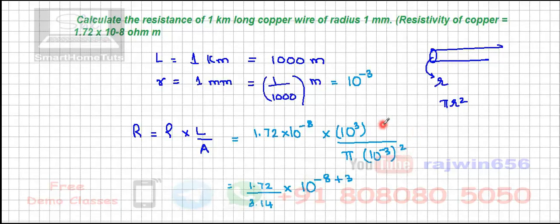If I bring it in the numerator, it is going to become 10 raised to plus 6. I just have to do this calculation and write down the answer. 0.54 into 10 raised to 1. So this is going to become 5.4 ohms. You can take down this. If you have any questions, you can ask me.